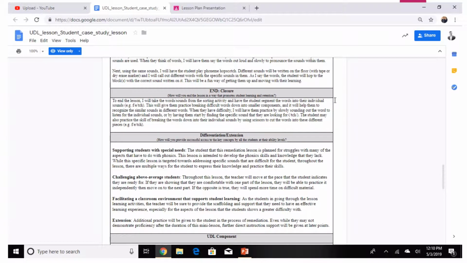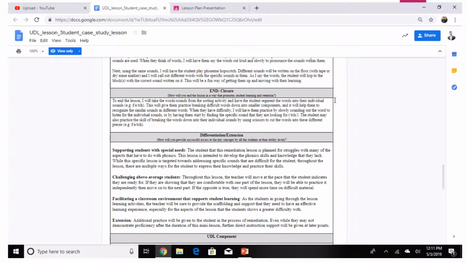The next part of the lesson is just meant to get him up and moving around rather than having him sit for 30 minutes. And he'll be playing phonics hopscotch. So in this, I'll either have dry erase marker written down on the floor or with tape. I'll have different sounds written on the floor. And what I'll be doing is I will be saying a word to him with a specific sound in it, so fetch, for example.